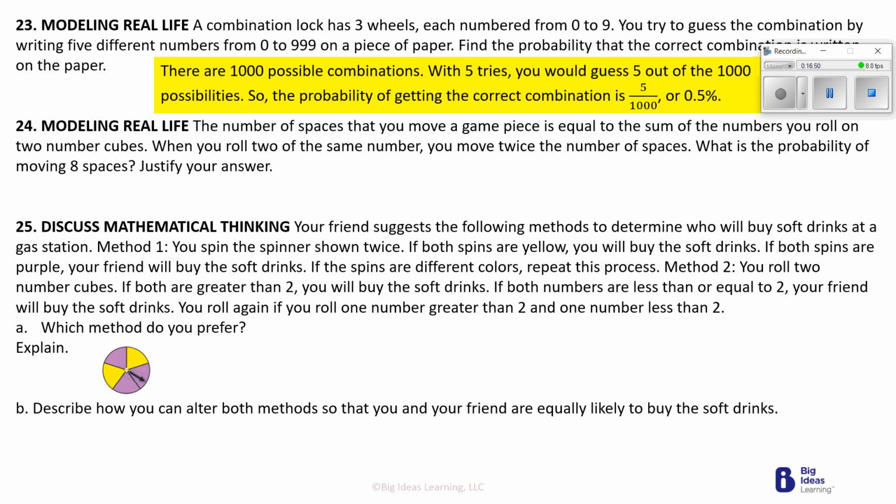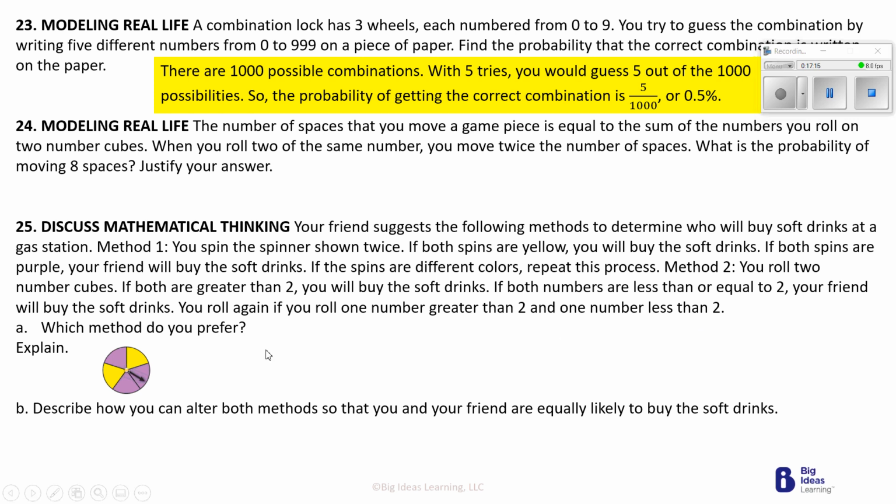Method 2, you roll 2 number cubes. If both are greater than 2, you will buy the soft drink. If both numbers are less than or equal to 2, your friend will buy the soft drink. If you roll 1 number greater than 2 and 1 number less than 2, you roll again.